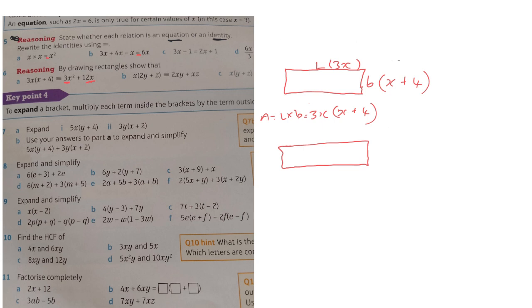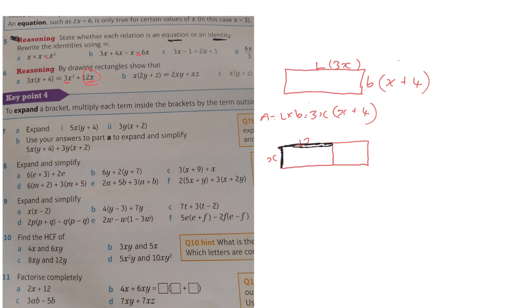I can do something like this, such that one side, which is the length, is 12, and this other part is x. The length I have chosen is just from here to here: this is 12, and from here to here, this is x.